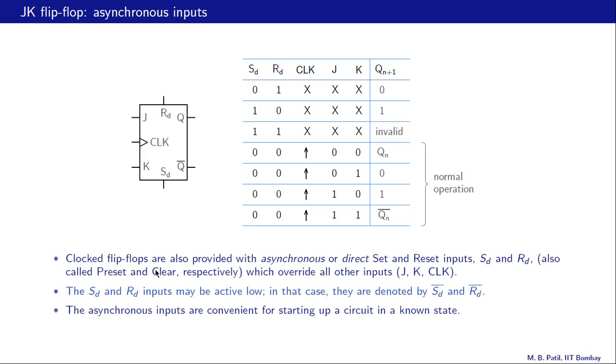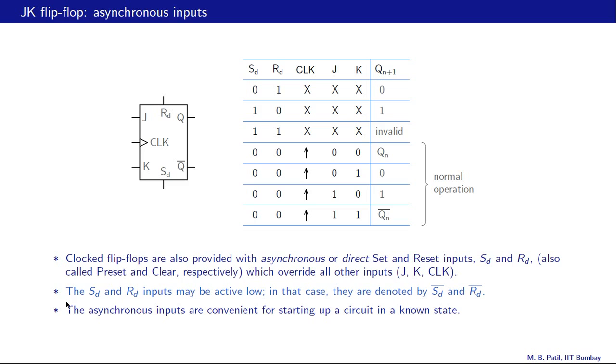Clocked flip-flops are also provided with asynchronous or direct set and reset inputs, SD and RD, which override all other inputs, that is J, K, and clock. And these inputs are called preset and clear respectively. So SD is called preset, RD is called clear, and we will see why that terminology has come about.